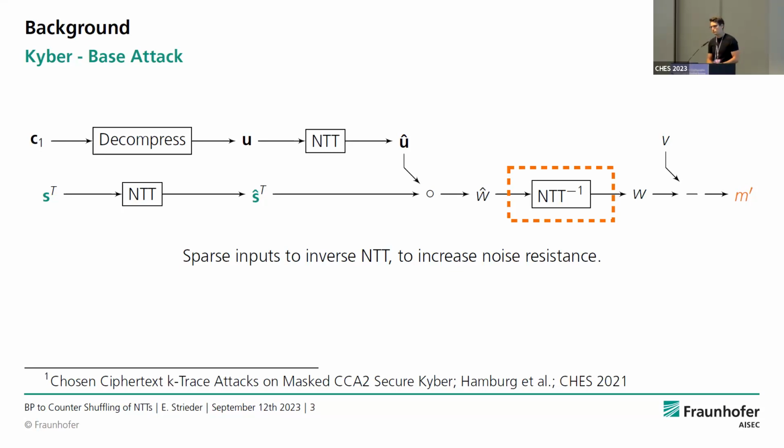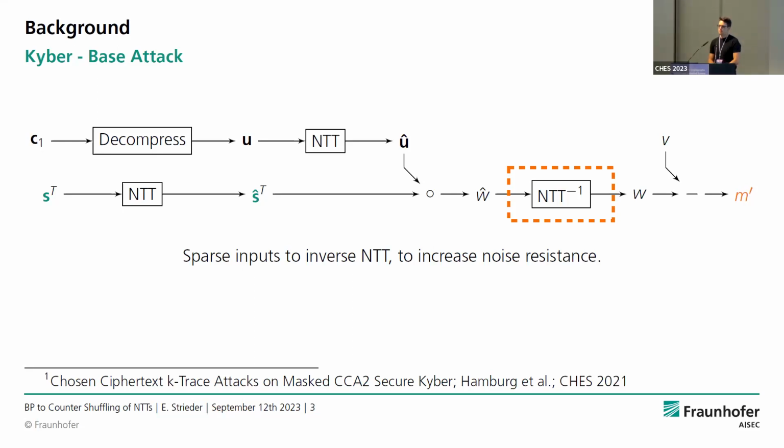We assume here simulated leakage, Hamming weight leakage on a microcontroller. The special attack path that Hamburg and others take was that they don't use any arbitrary ciphertext, but they choose the ciphertext such that the input vector to the inverse NTT at that point is sparse, so that there are a number of zeros which we can choose.